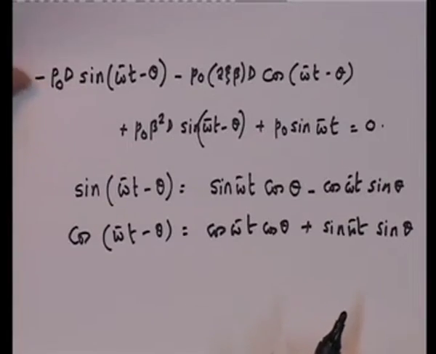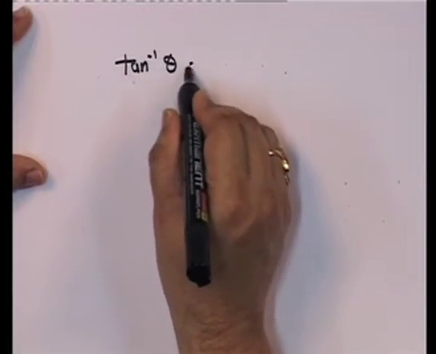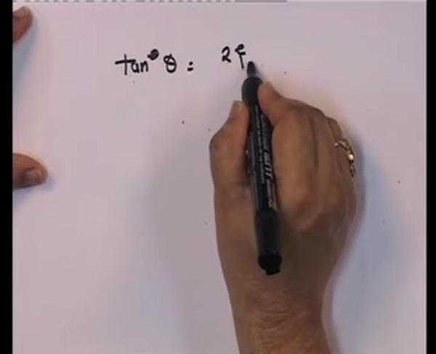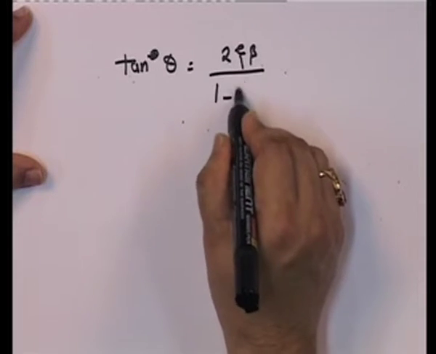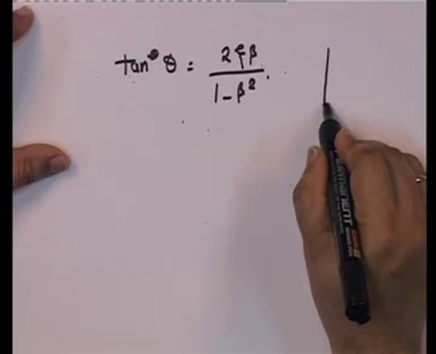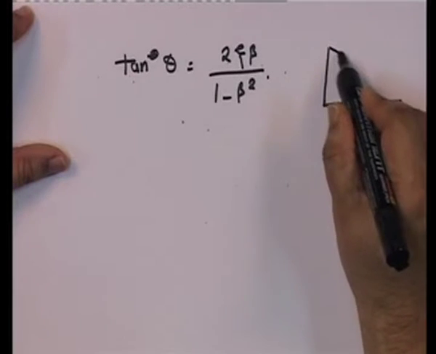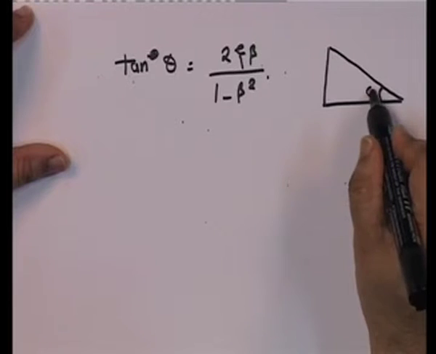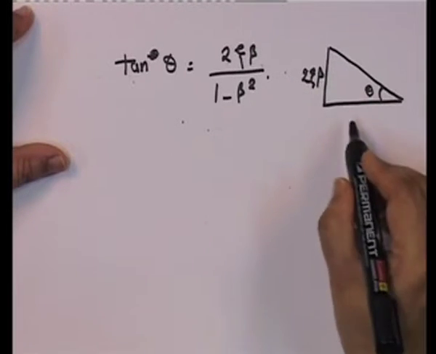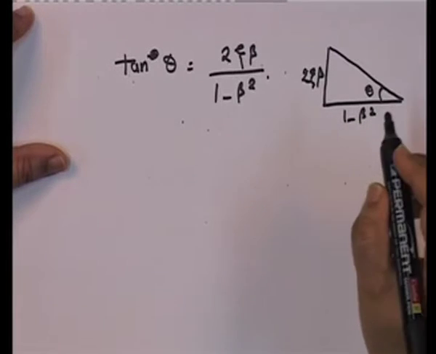Furthermore, we know that tan theta is equal to 2 xi beta upon 1 minus beta squared. So, this, as I drew last time, was this. This implies that if this is theta, this is 2 xi beta and this is 1 minus beta squared.